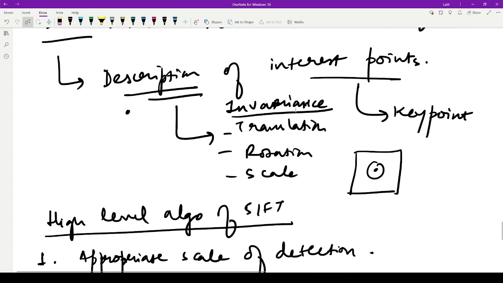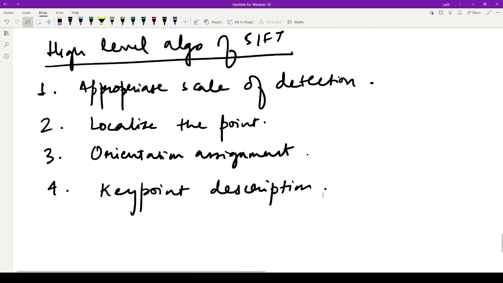So for the key point description, we need these properties: invariance to translation, rotation, and scale. Okay, so for scales, they use pyramids, which we'll discuss. Probably discuss a question. Yes, we'll discuss a question out there.